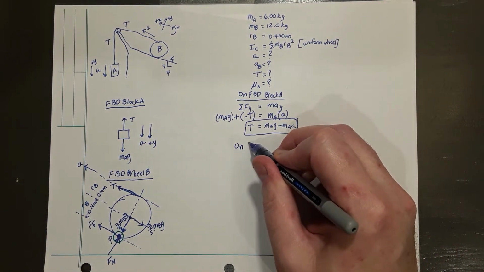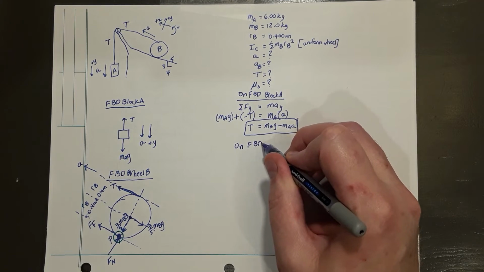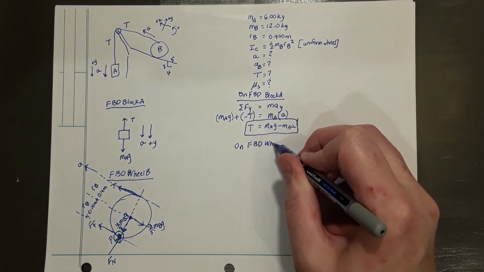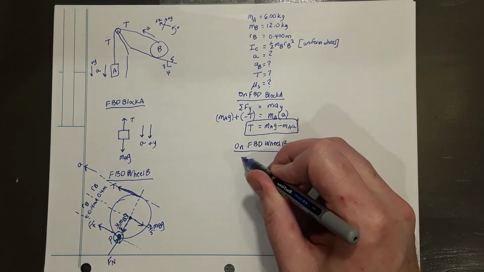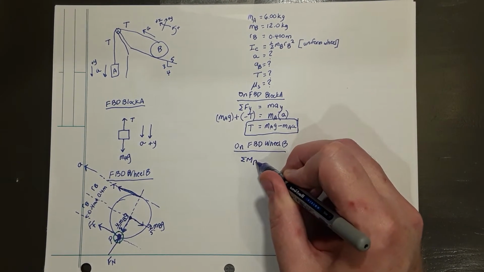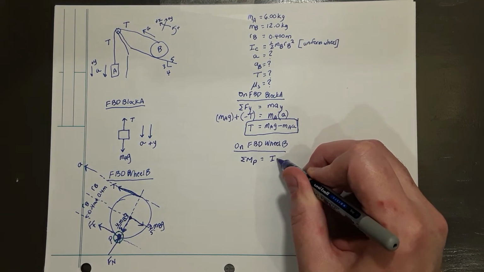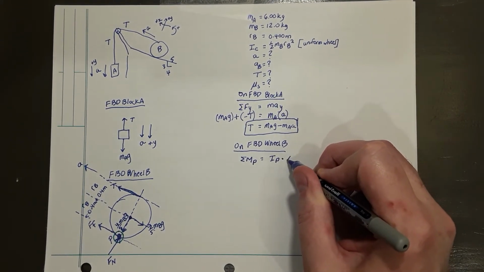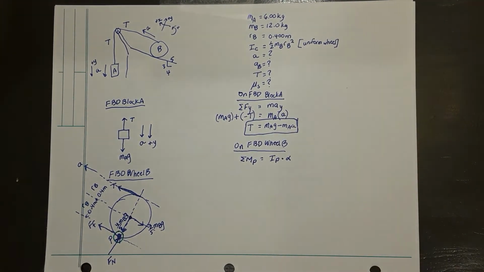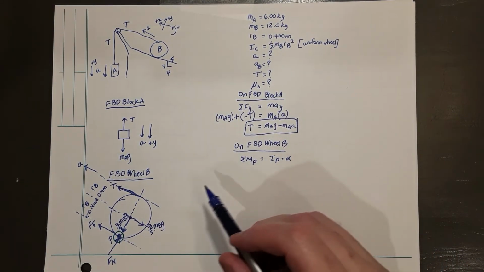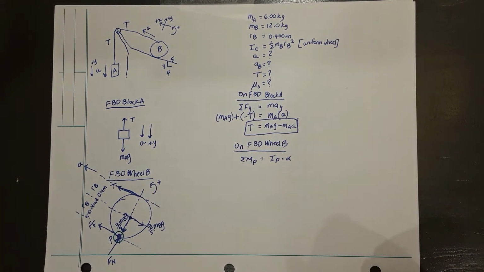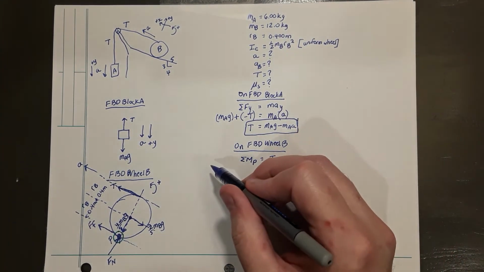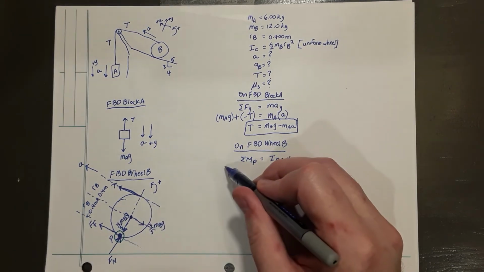And so on the wheel, if I analyze the free body diagram of wheel B and do net moment about axis P, it is moment of inertia about axis P times angular acceleration. When we use the standard positive direction for rotation as counterclockwise, we have two components here.